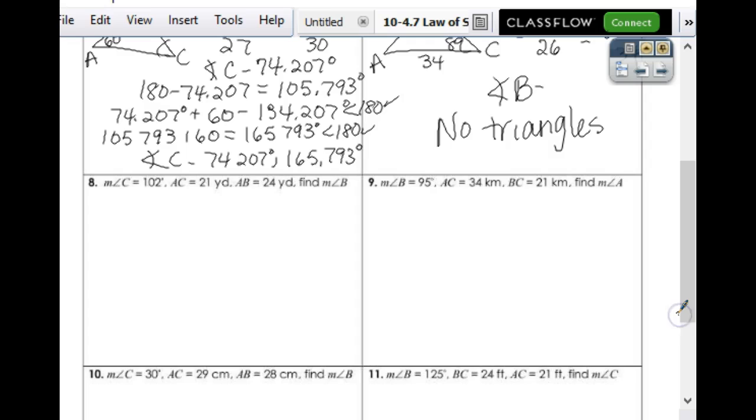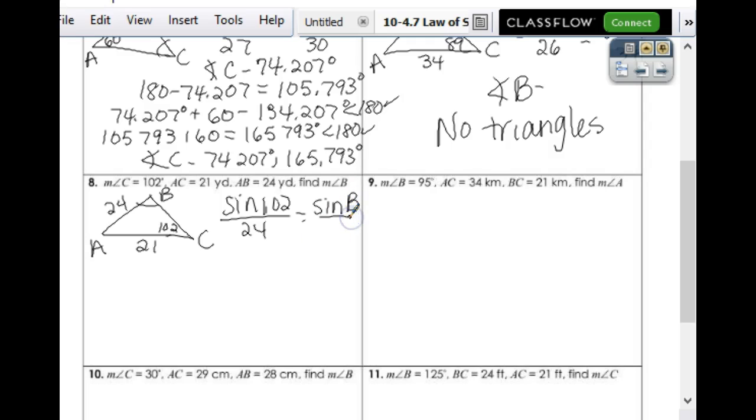All right, so let's do 8. Again, I have sides that are not fixed, so one of the sides can rotate, and I have to decide how many triangles I can get. I have the sine of 102 over 24 equals the sine of B over 21.